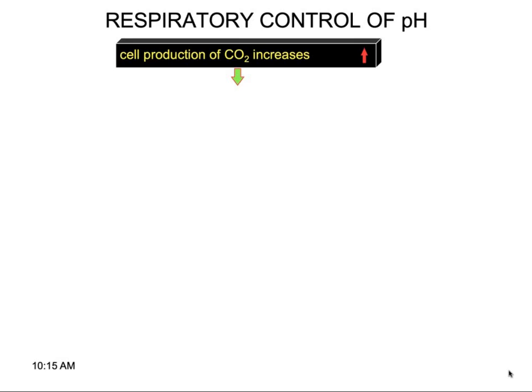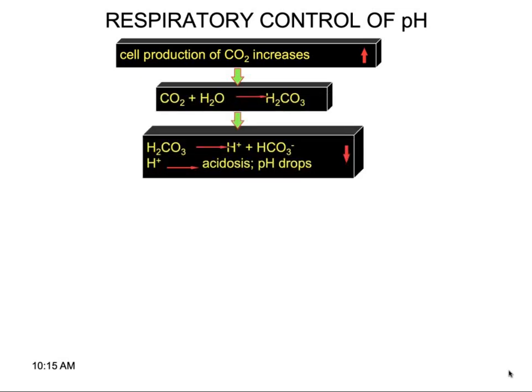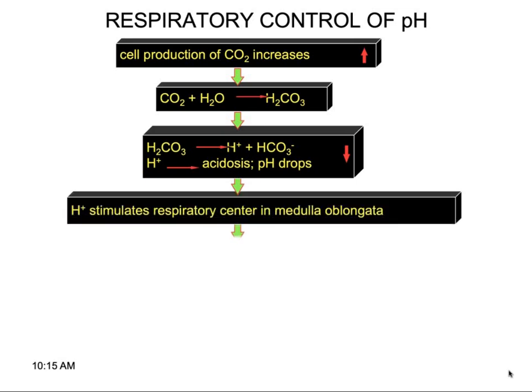What is the respiratory control of pH? Cells constantly produce carbon dioxide, so its concentration increases within the cell. It binds with water to form carbonic acid, which dissociates to release hydrogen ions. Release of hydrogen ions will lead to acidosis. The pH will drop.